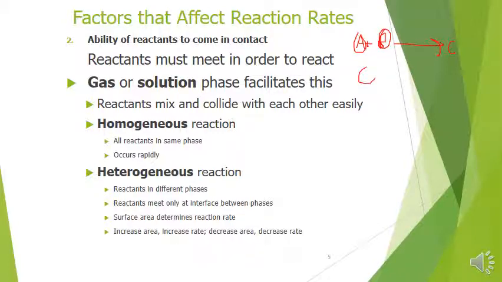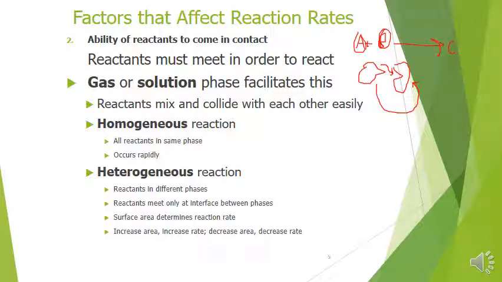A might look like this, and B might look like this, so there's a really specific orientation that A has to have to work. If A comes in like this, the reaction isn't going to take place, so the reactants may have very specific ways that they interact.